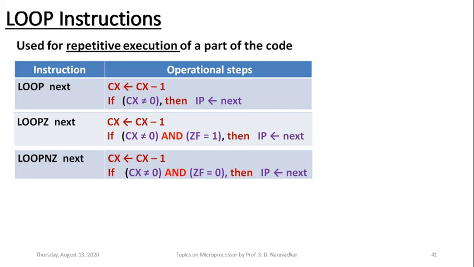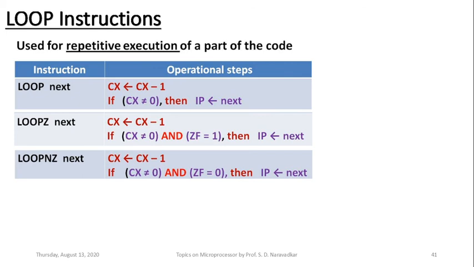Then and only then this offset label next will be loaded to the instruction pointer, and then the repetition of that part of the code will be carried out. The second and third loop variations shown above have one additional condition, the zero flag set condition or zero flag reset condition. The basic loop instruction is the only first one, where only the counter reaching 0 will be tested.